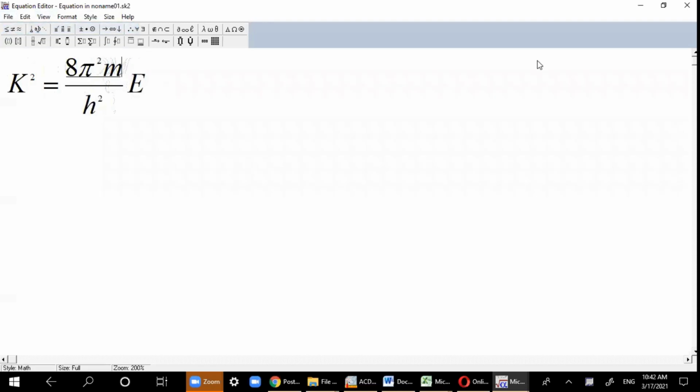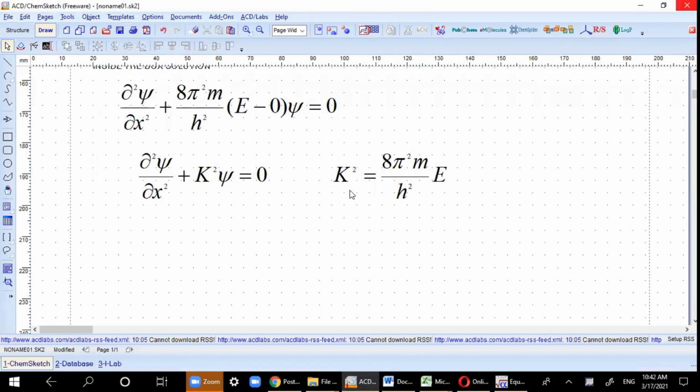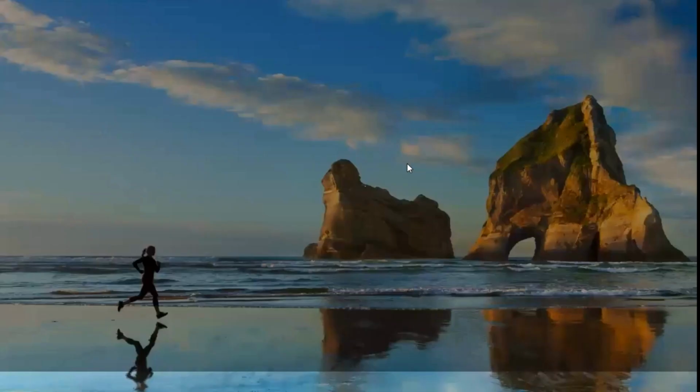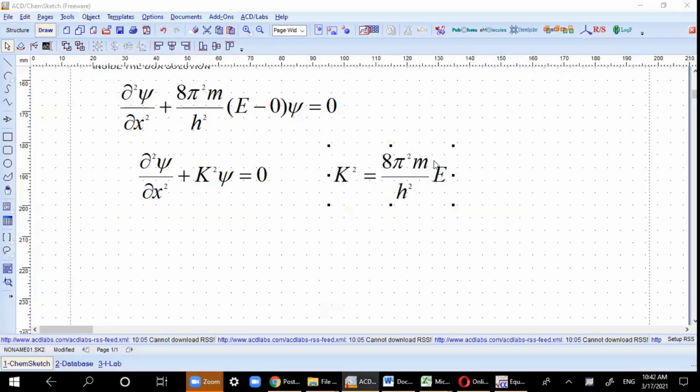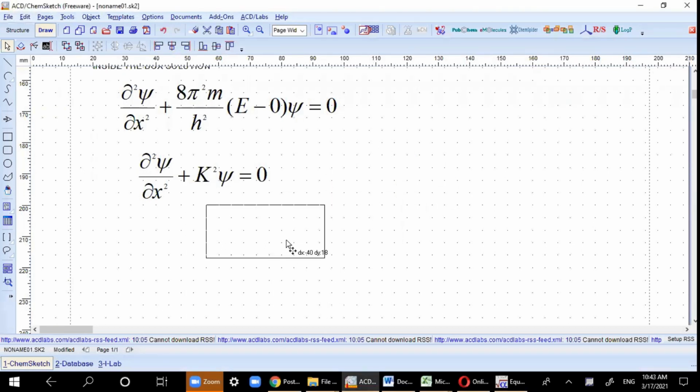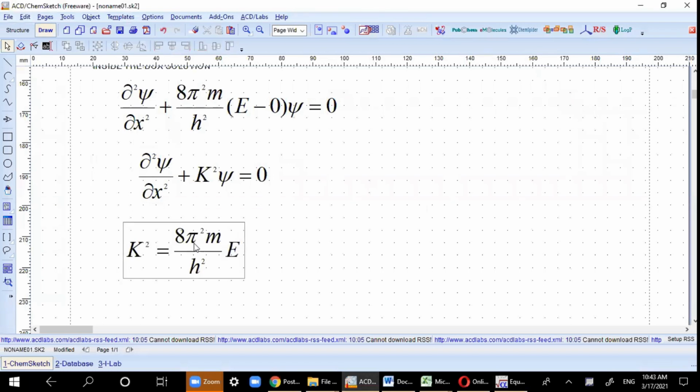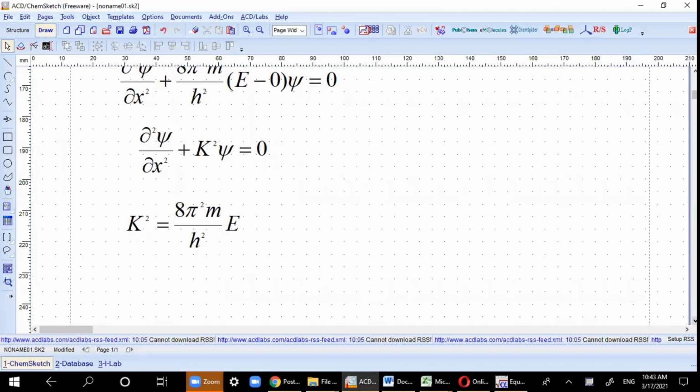Let us see that k square is equal to 8 pi square m by h square into E. This is one more equation. If you substitute that, we get the simplified equation k square into psi.